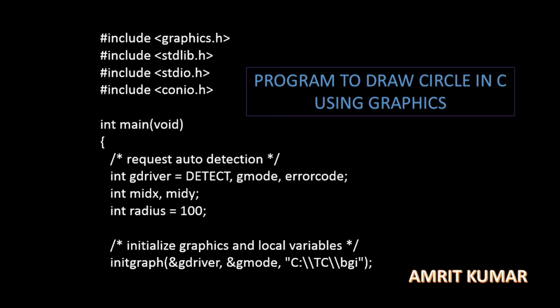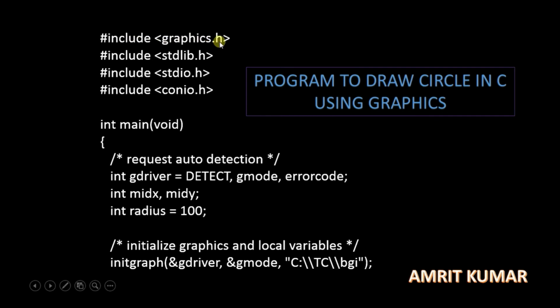This program is used to draw a circle in C language using graphics. First of all, we have to include our graphics header file, #include <graphics.h>. Through this we can access every function of graphics, and we studied functions like initgraph, closegraph, and restorecrtmode in the previous lecture.